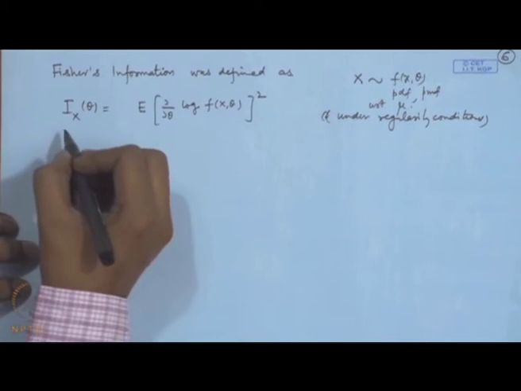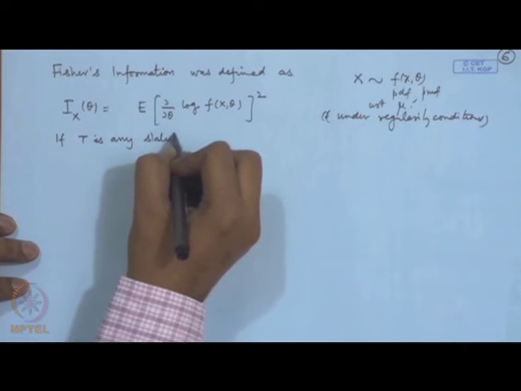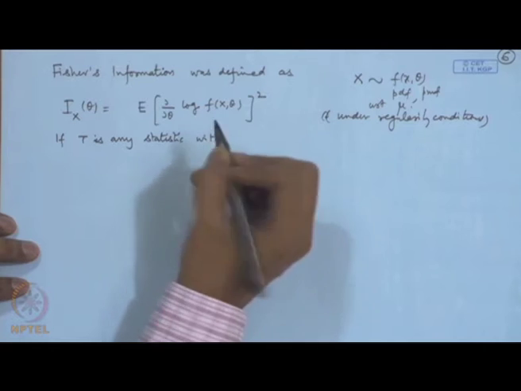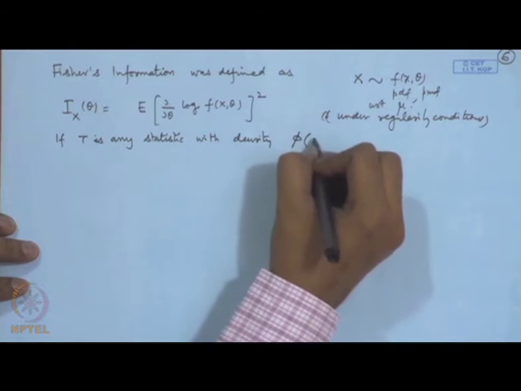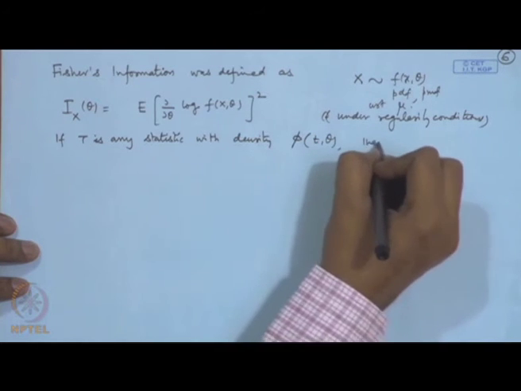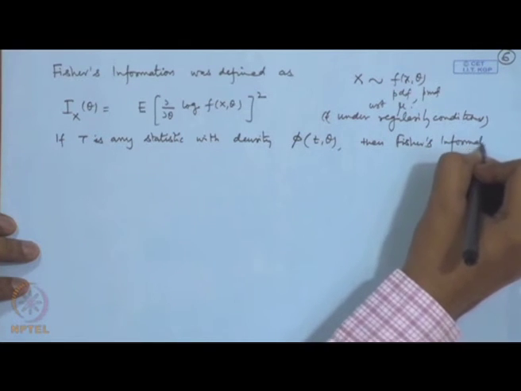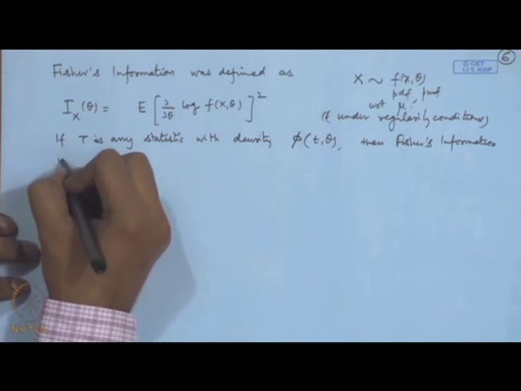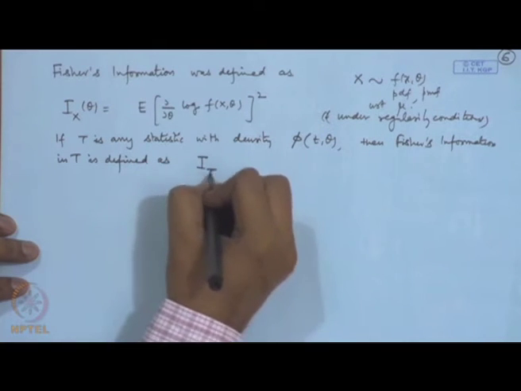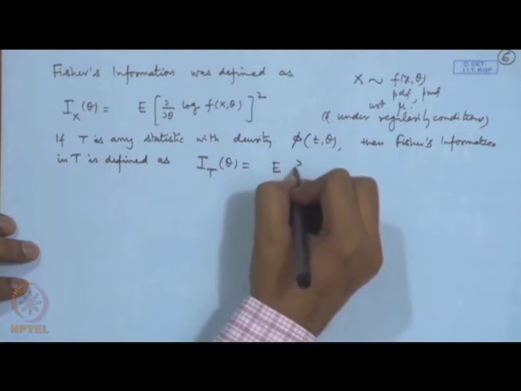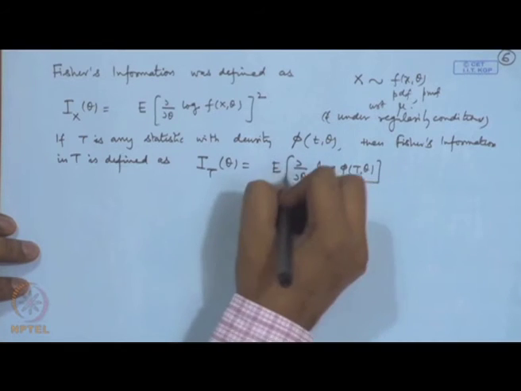Now, if T is any statistic and suppose the density of T, let me give the name as say phi t theta, then Fisher's information in T is defined as I t theta is equal to expectation of del by del theta log of phi t theta square.